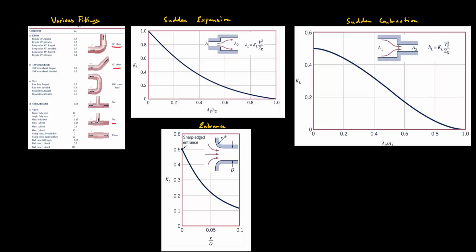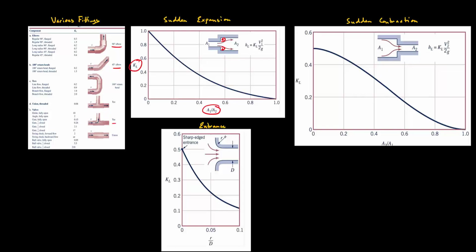In the middle image, we see the loss coefficient due to a sudden expansion. So when we encounter a sudden expansion, what we get here is this recirculating zone over here. And this is due to flow separation, and it is highly dissipative. And so we can see that our loss coefficient KL is dependent on the area ratio A1 over A2.